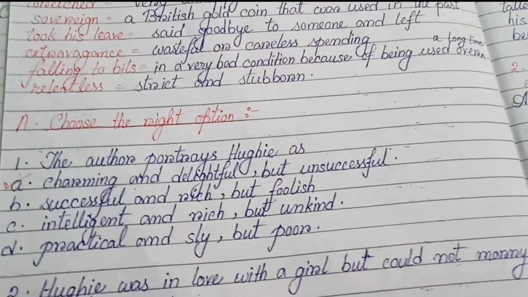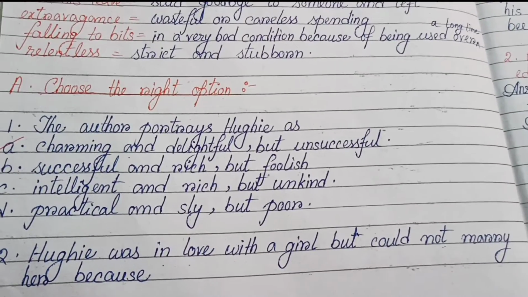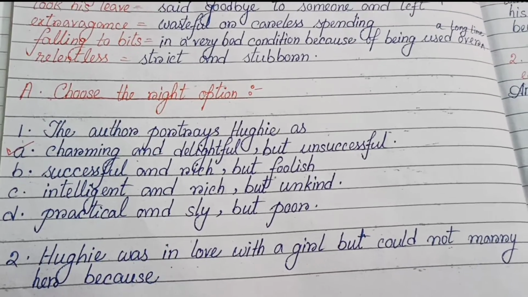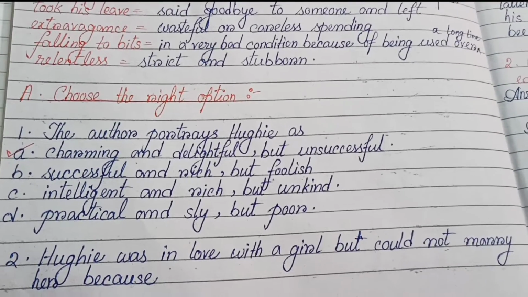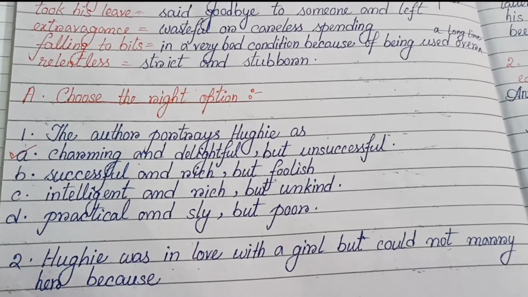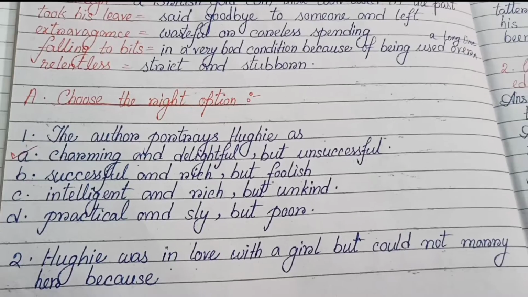Next, number A, choose the right option. Number 1, the author portrays Hughie as, answer is number A, charming and delightful but unsuccessful.